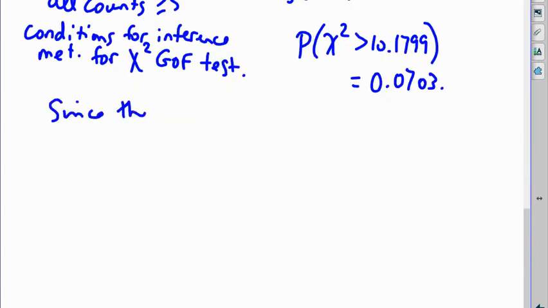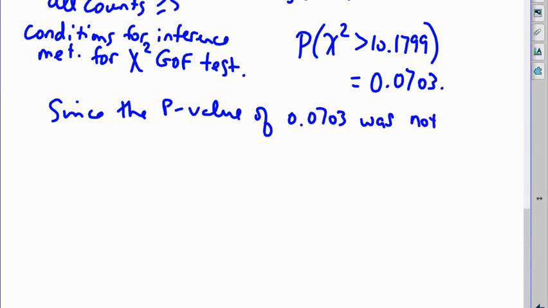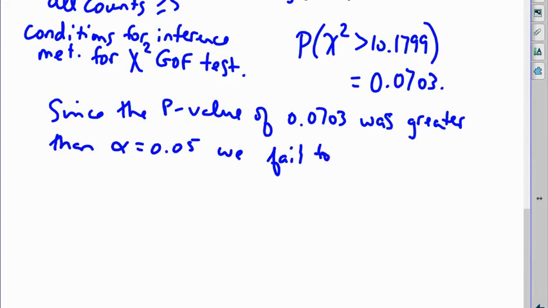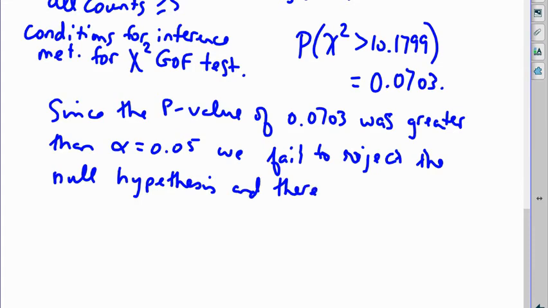Since the p-value of 0.0703 was greater than alpha equal 0.05, we fail to reject the null hypothesis, and there is not significant evidence.